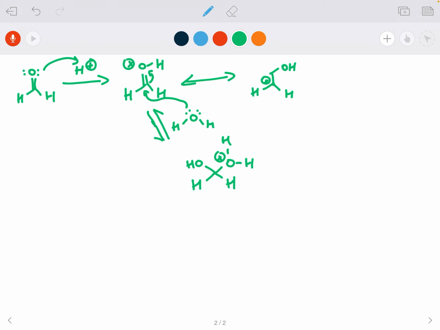The last step needs to be to deprotonate that group that just came on, and that deprotonation is just going to happen with another water, because we're in acidic conditions, so we can get hydronium. You'll notice when we go to basic conditions, the deprotonation and the protonation steps occur with different reagents. So that is the acid-catalyzed formation of a hydrate.